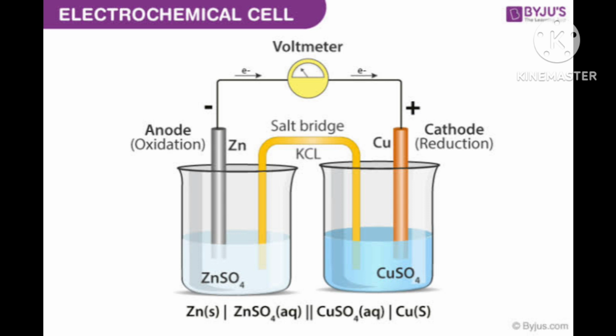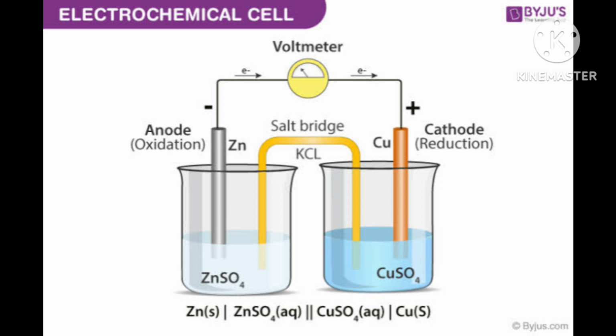The same thing happens on the copper side, the cathode side, also. In the beginning, positive charge will be there. Copper ion will be there. Copper rod in copper sulfate is there. Cu++ will be on the surface of copper.